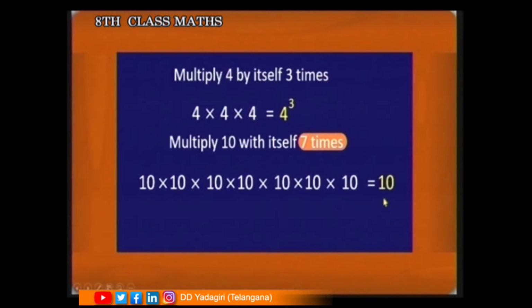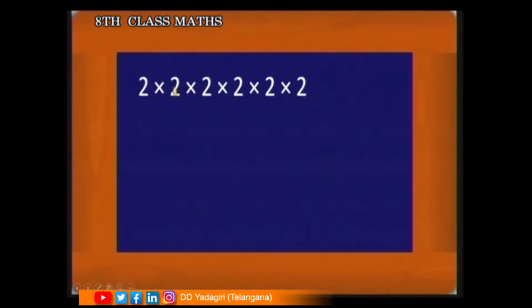So we write 10 to the power of 7. Now observe 2 into 2 into 2 into 2 into 2 into 2. How do you write this in short form? We write 2 to the power of 6. Why did we take 6 here? Because 2 is multiplied by itself 6 times. So we write 2 to the power of 6.